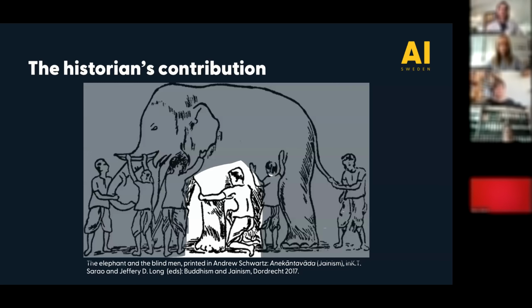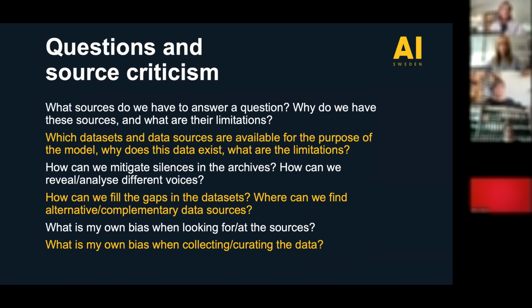Just as a thought experiment, as a historian, where do I see potential contributions? These range from very concrete hands-on work to more societal engagement tasks. For example, the questions that historians are trained to ask when it comes to source criticism, critically scrutinizing the power of the archives and so on, can inform the questions that data scientists and developers can ask.